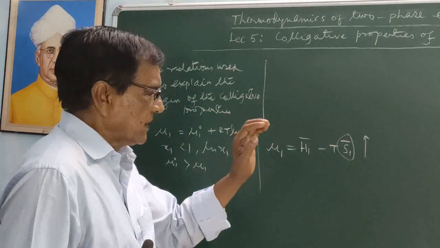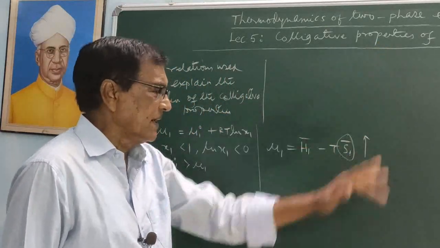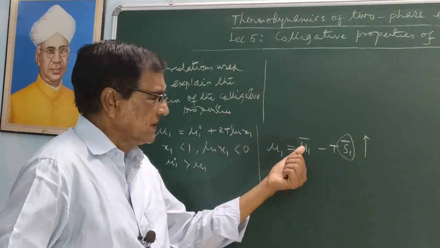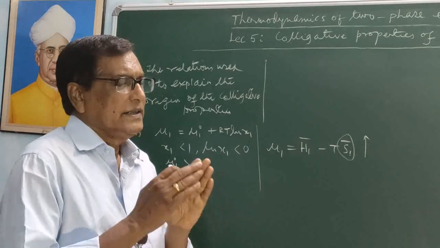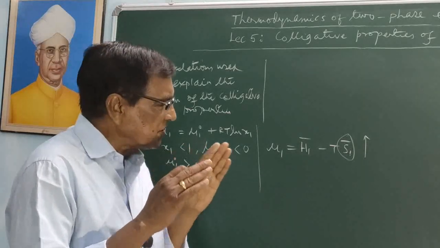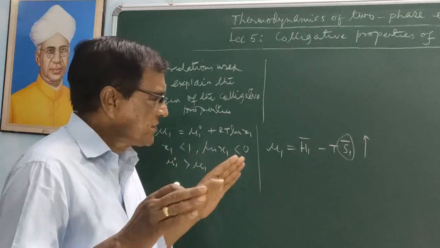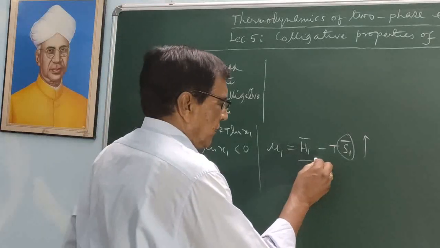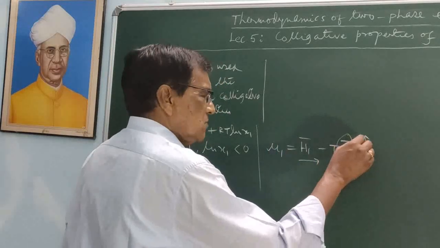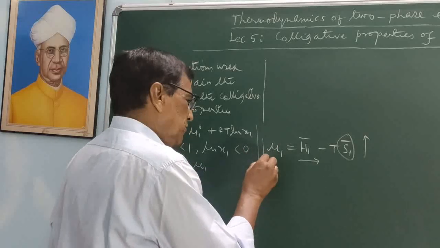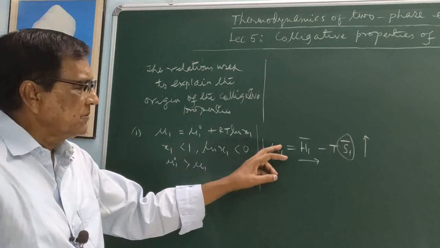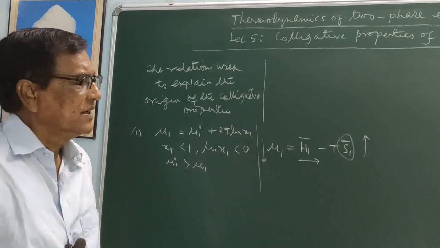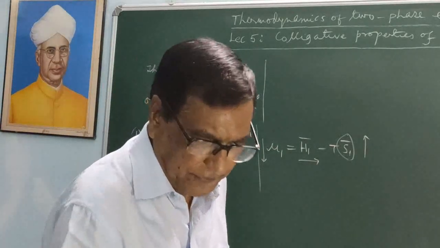But since the solution is taken as ideal, the partial molar enthalpy of the solvent is not changed. It remains the same, and this one is fixed. So as this one is increased, the chemical potential of the solvent is decreased. So the decrease of chemical potential of the solvent in solution is an entropy effect.